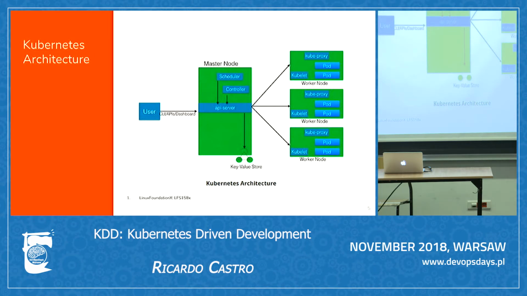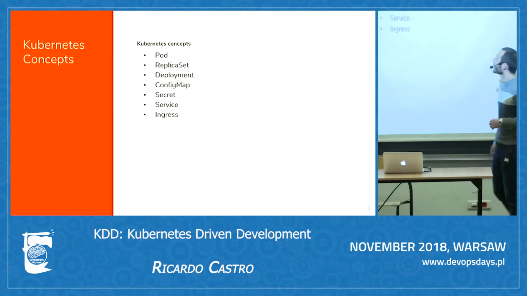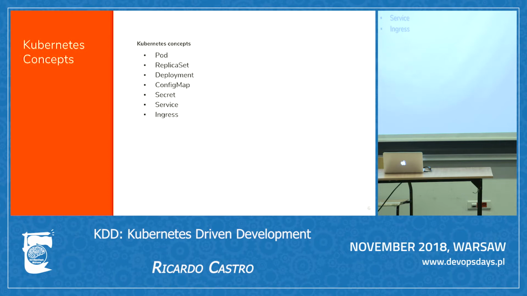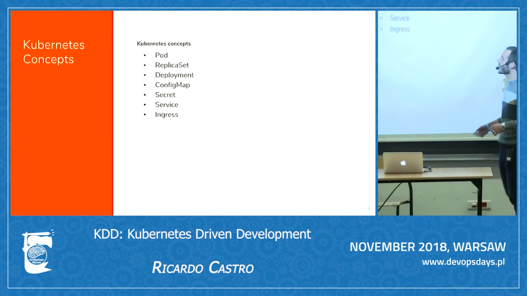In each node you have a kubelet, which manages the connections to the controller, and you have the kubeproxy to handle all the network connectivity. It has a few concepts, like pod, replica set, deployment. Most of you should already be familiar with that. If not, we can speak a little bit afterwards. That being said, you do need to know this lingo to get your applications running on a Kubernetes cluster.